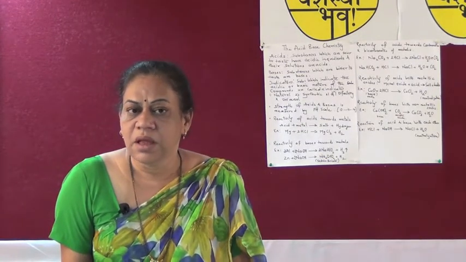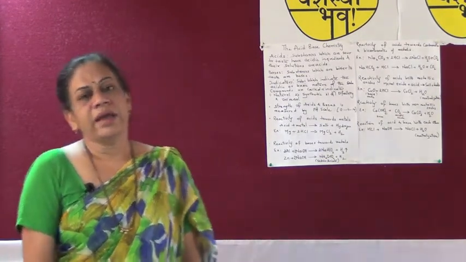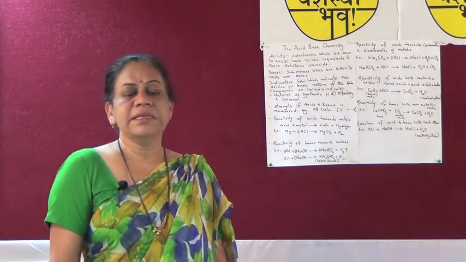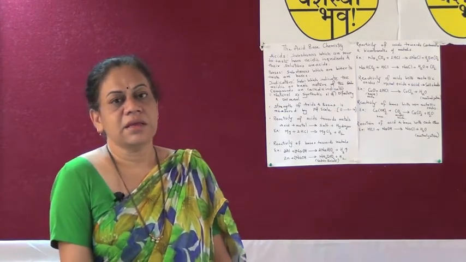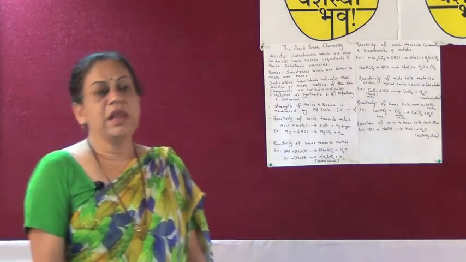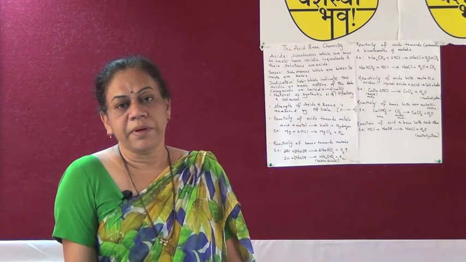How do we identify the acidity and the basicity of any substance? There should be something to determine the acidic substance and the basic substance. The common example that you have been using till date is the litmus paper.